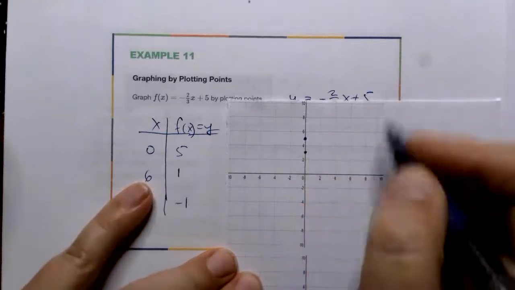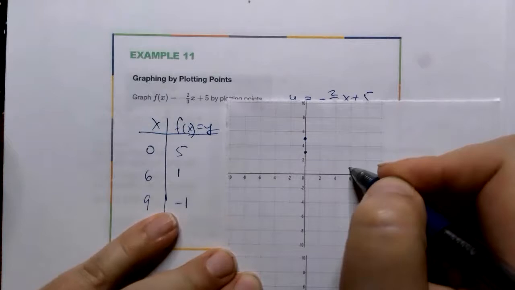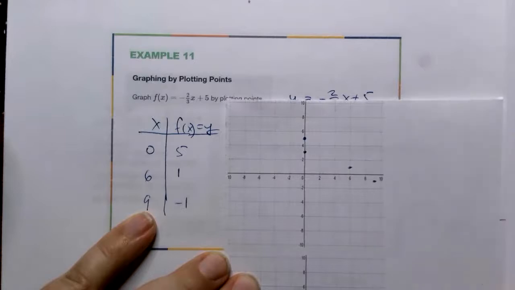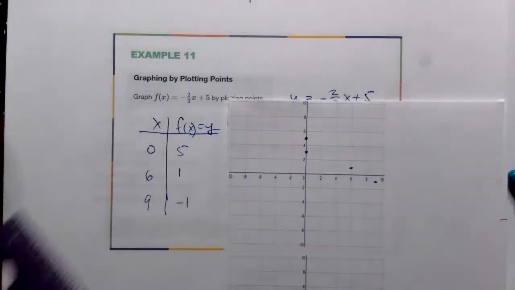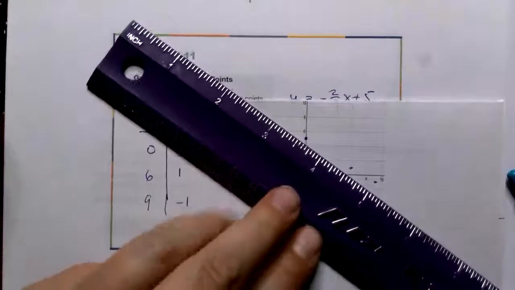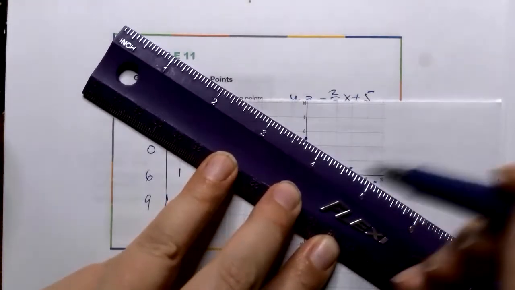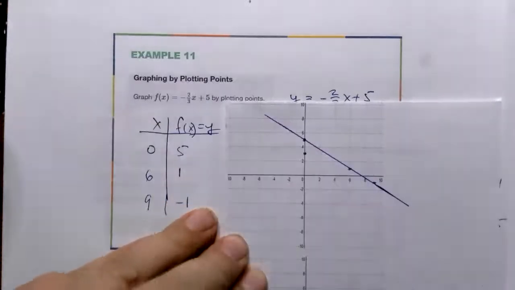And then 6, 1. And then the next point is 9 and -1 right here. Let's see if they line up. And yes, they line up perfectly. So I can graph my function.